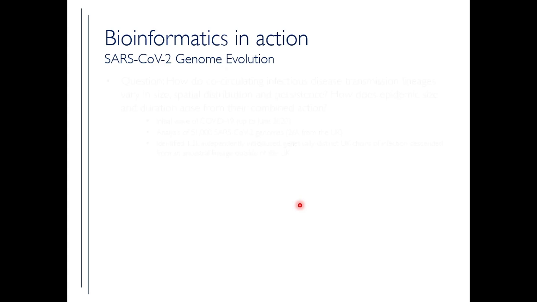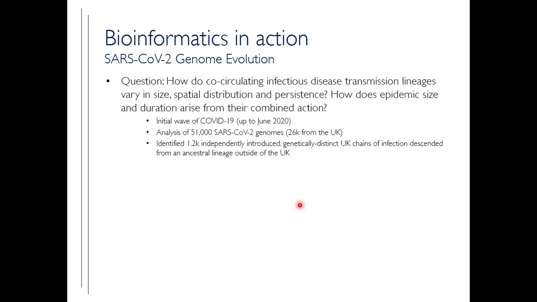The other example, just quickly, was that this other paper decided they wanted to find out how the co-circulating strains of COVID vary and persist within populations.